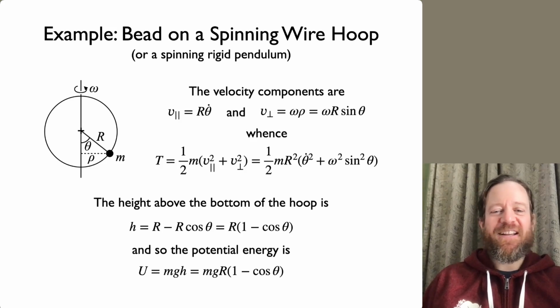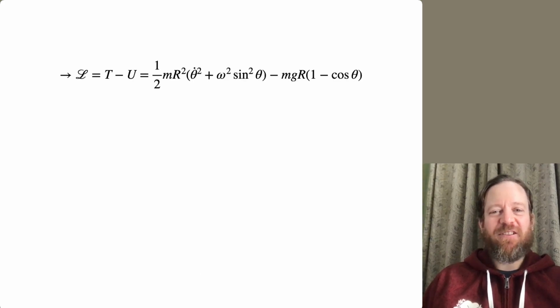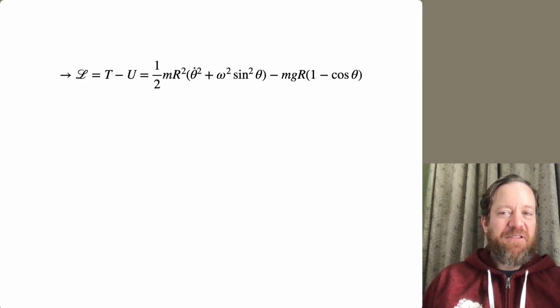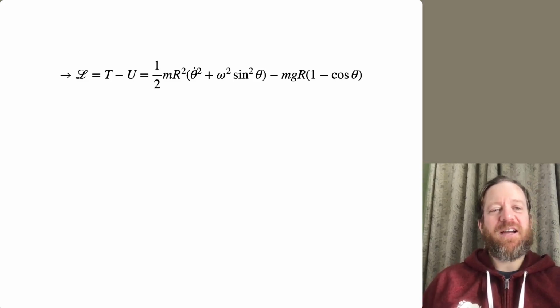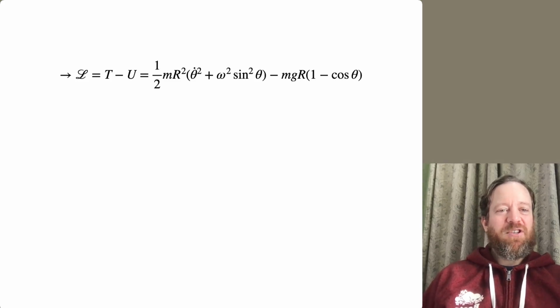Okay, given the kinetic energy and the potential energy, we can write down the Lagrangian L, always equal to T minus U for what we're doing right now. It's equal to 1/2 m r squared times theta dot squared plus omega squared sine squared theta, minus mgr times 1 minus cos theta. And again, all of the difficult work here is really done. We've written down our Lagrangian in terms of generalized coordinates. In this case, there's only one generalized coordinate. We only need one coordinate to actually describe the motion, and that coordinate is going to be theta.